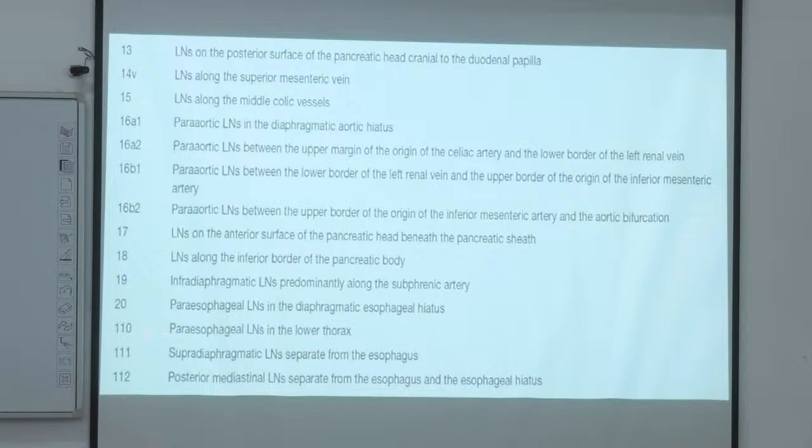Then 110, 111 and 112. 110 is paraesophageal lymph nodes in the lower thorax. 111 is supradiaphragmatic lymph nodes separate from the esophagus. And 112 is posterior mediastinal nodes separate from the esophagus and the esophageal hiatus.